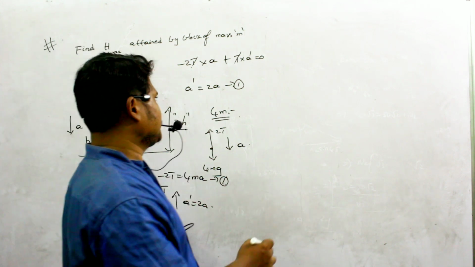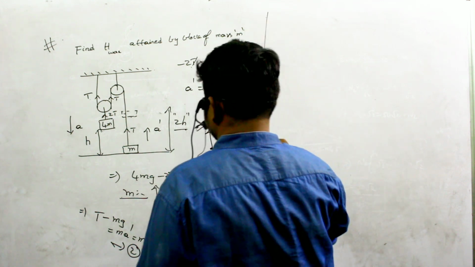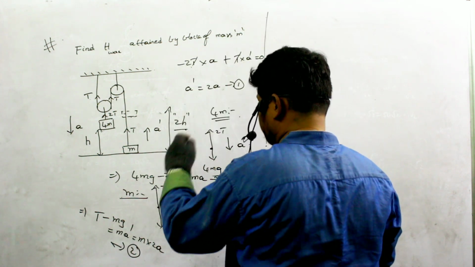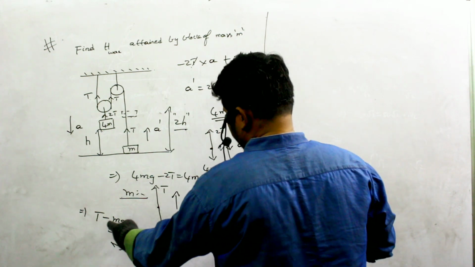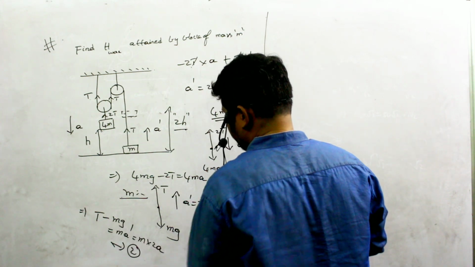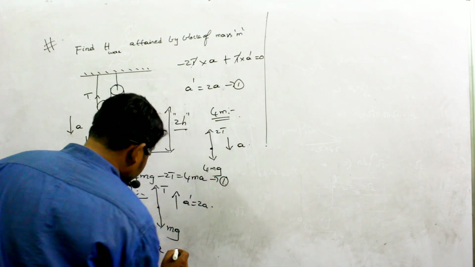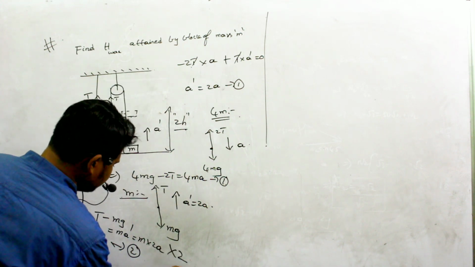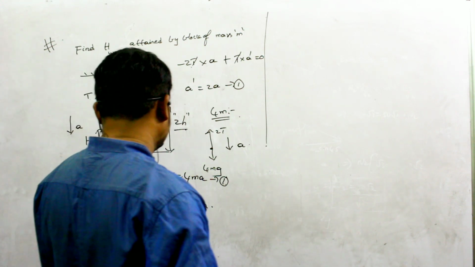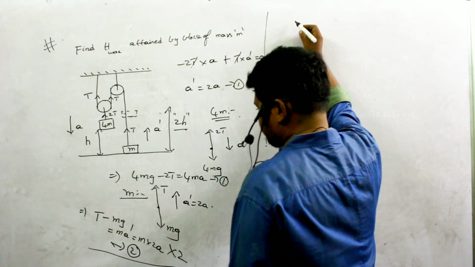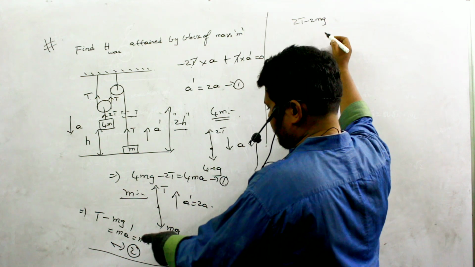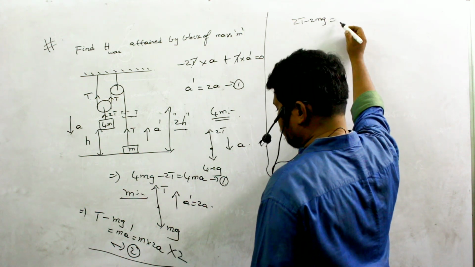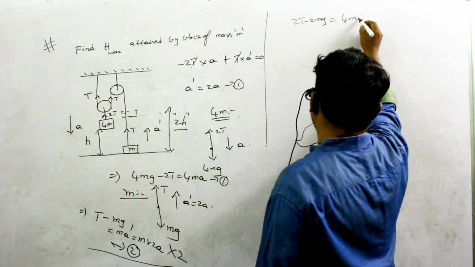So let us write both the equations. 4mg minus 2T is 4mA. T minus mg is m into 2A. This equation number 2 I will multiply by 2. Then the equation I get is 2T minus 2mg is equal to 2 into 2mA, which is 4mA.